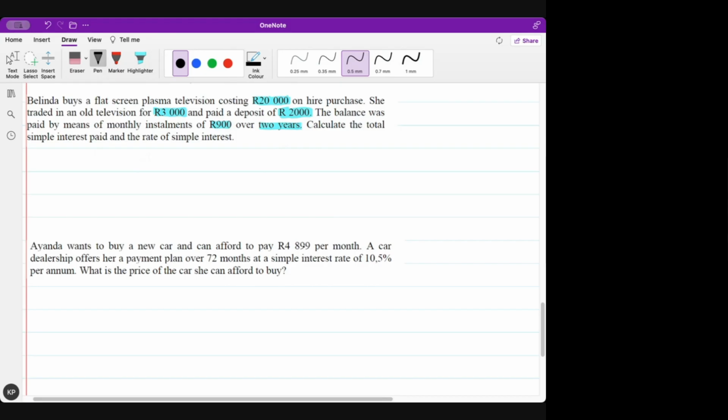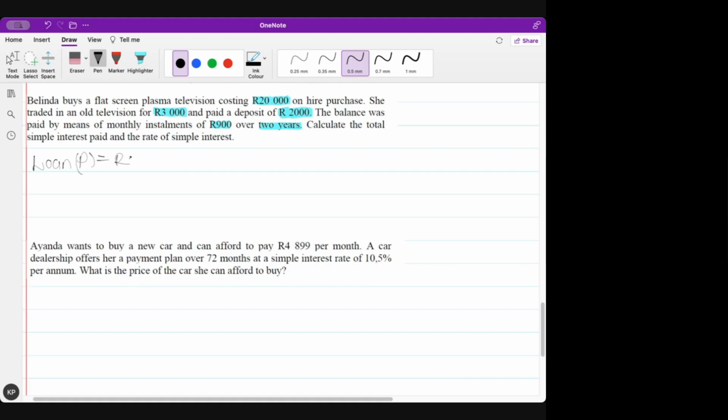Now we have one new thing over here, which is trading in. What are we going to do with that amount of trade in? When you're trading in, you're giving them something old for something much newer, so they subtract the value of the old thing from the one you are buying.